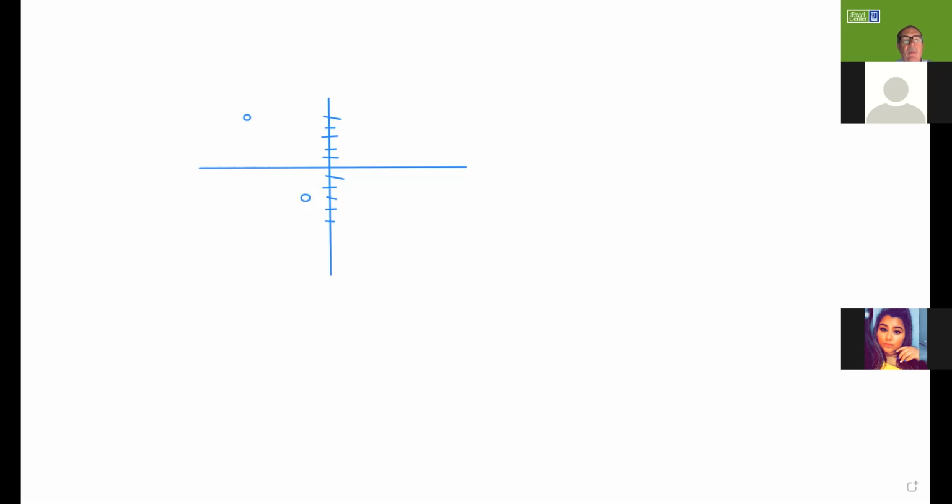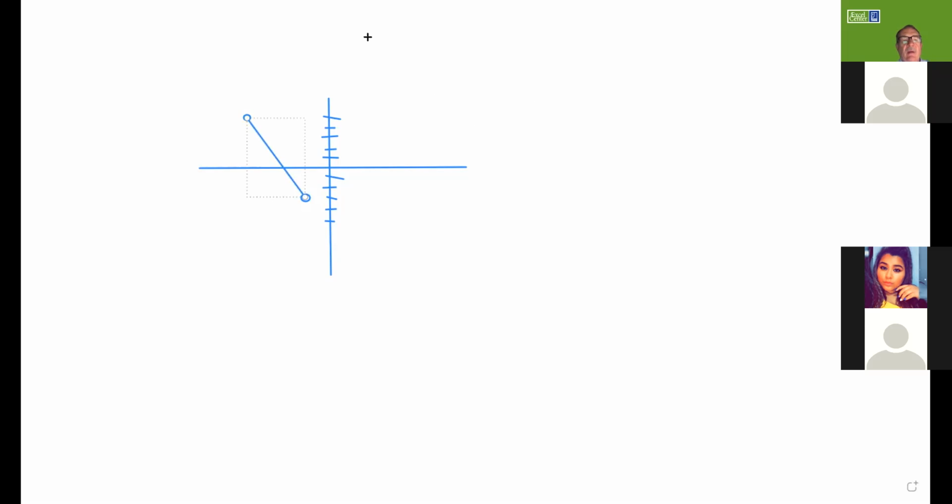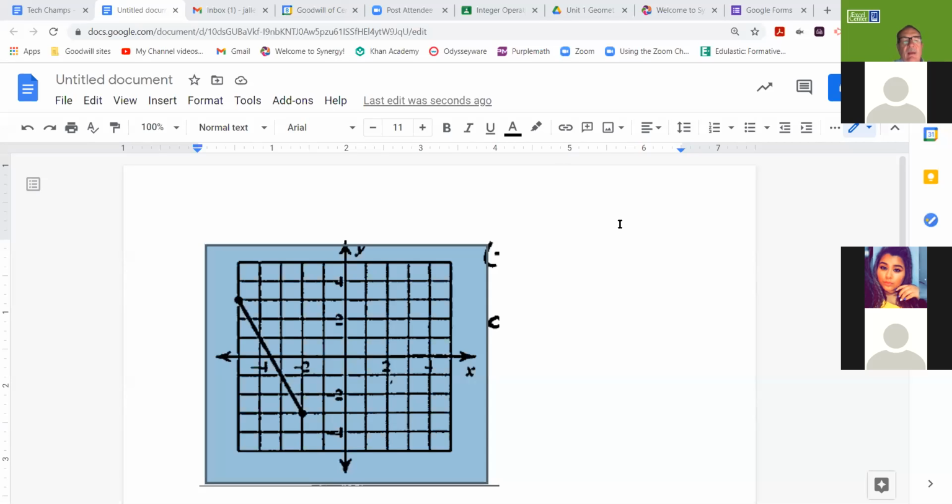Once I connect those, that's more or less the line that was on the graph in the handout. Well, this isn't working at all like I was hoping. So hold on just one second. All right, got my little workaround here.